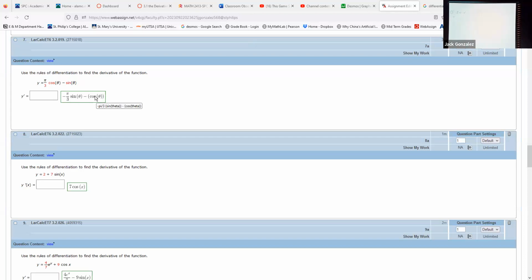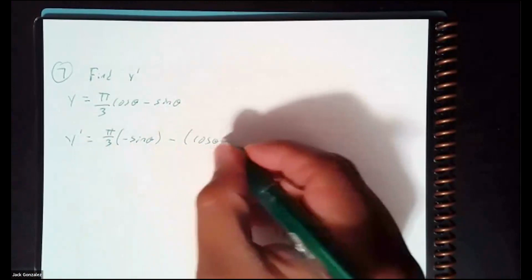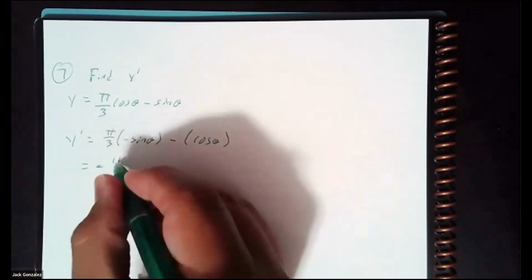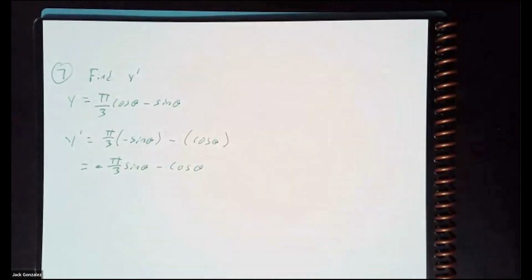So y equal to pi thirds cosine minus sine. Derivative of cosine is negative sine. Derivative of sine is cosine. So we end up with negative pi over 3 sine minus cosine. That makes sense? Yes.